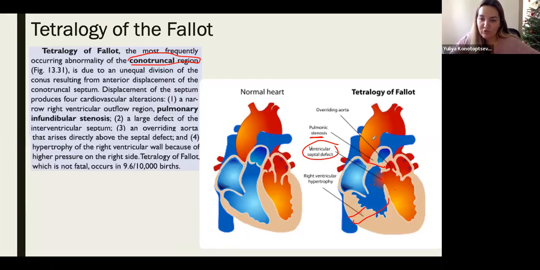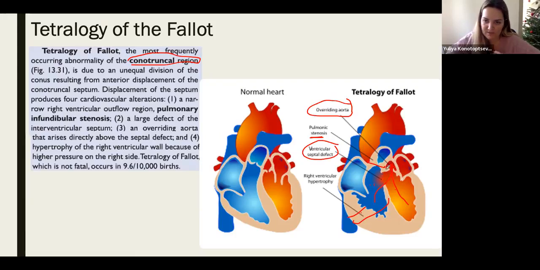And the last thing that we have is something which is called overriding aorta. Overriding aorta means that it overrides this defect right here, the septal defect. So it can not only accept blood from the left ventricle, it can also accept blood from the right ventricle as well. So blood from the two ventricles will now go to the aorta, okay?